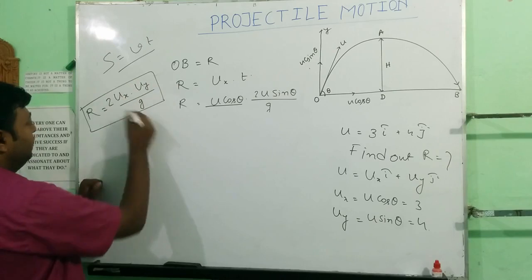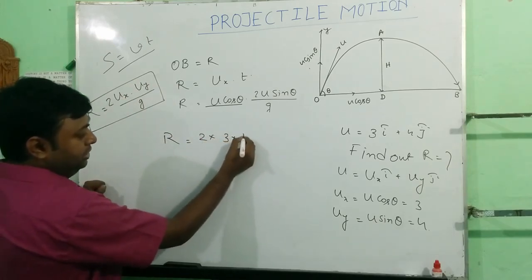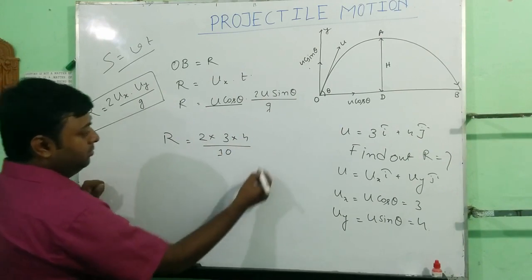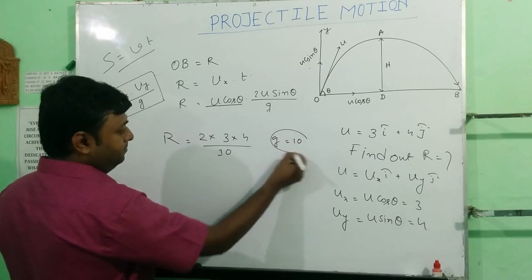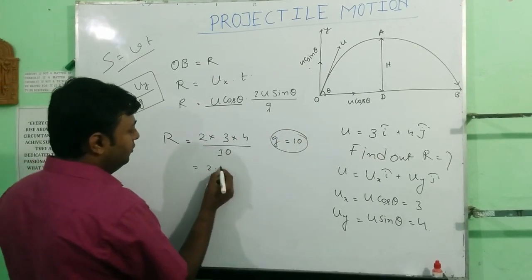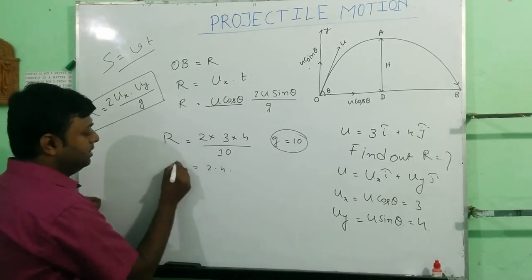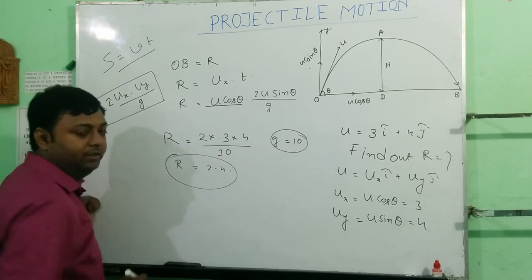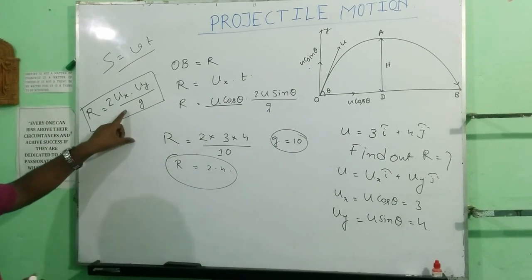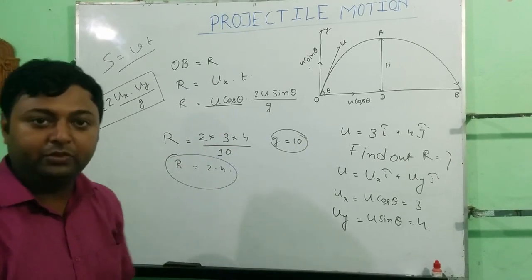Now we put this in the equation, R equals 2 into 3 into 4 by 10, because g equals 10. We get the result 2.4. 2.4 is the R. We get the result by using this formula. That's why we should also memorize this formula for solving problems of different types.